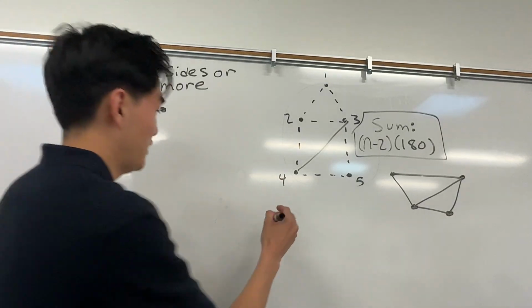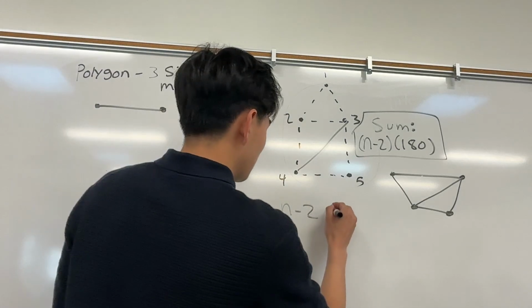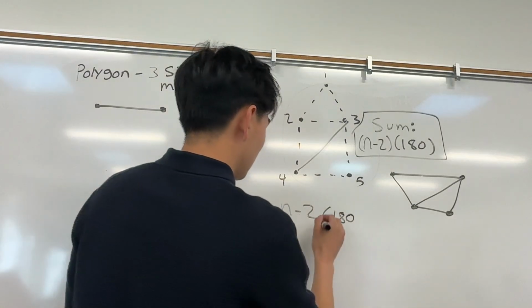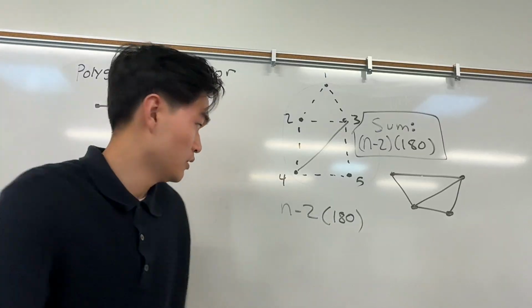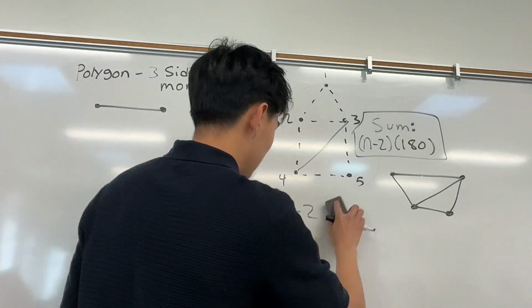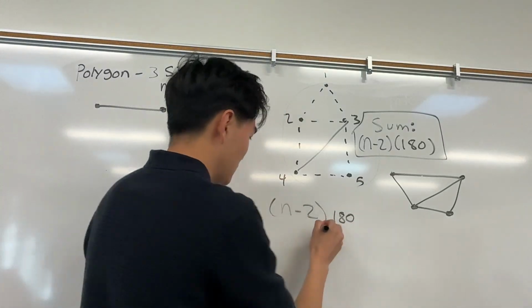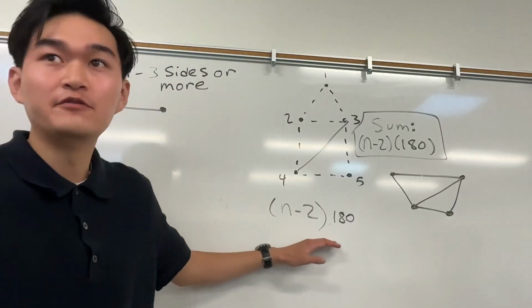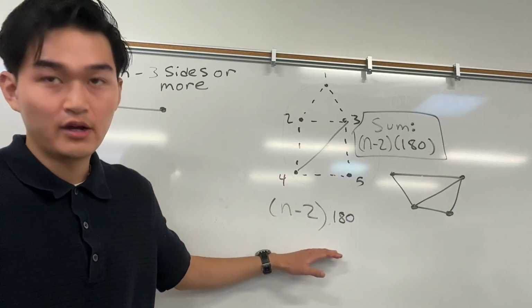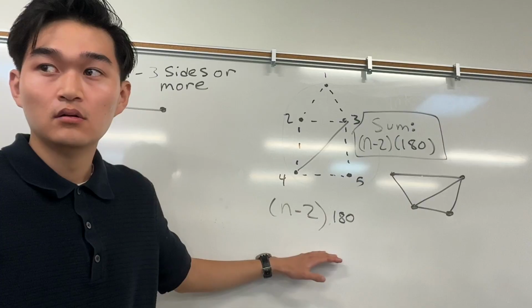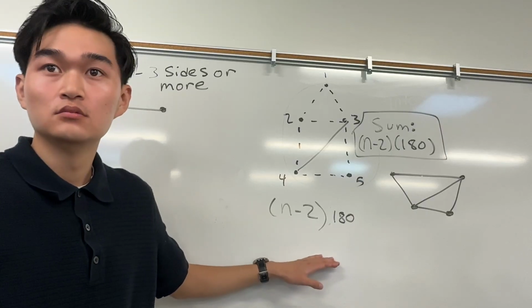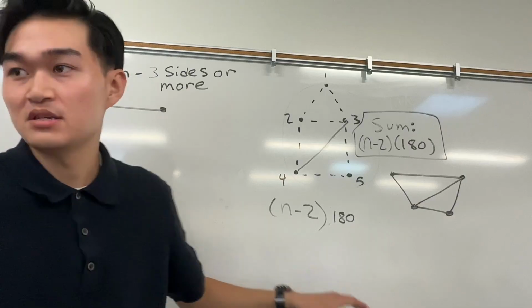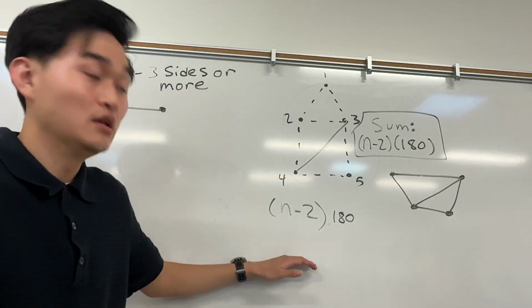If I have n minus 2 times 180, which is the sum of everything, what would be just for one measure? Divide by n.